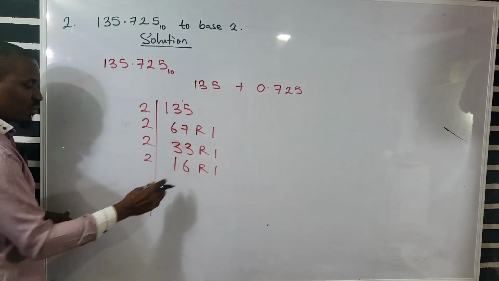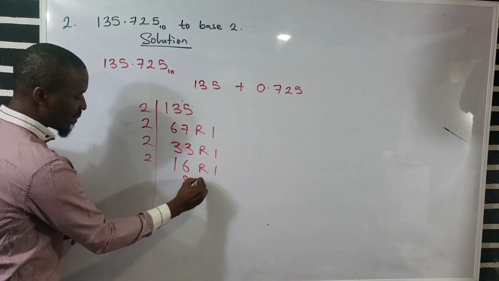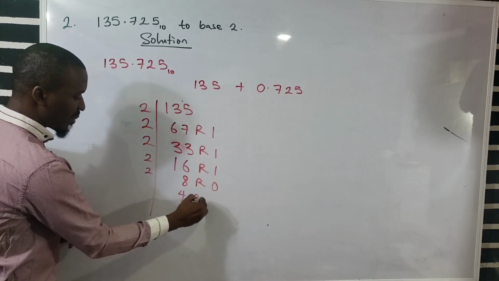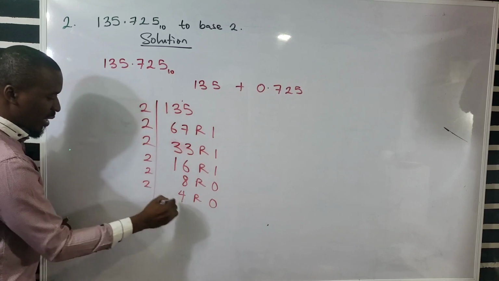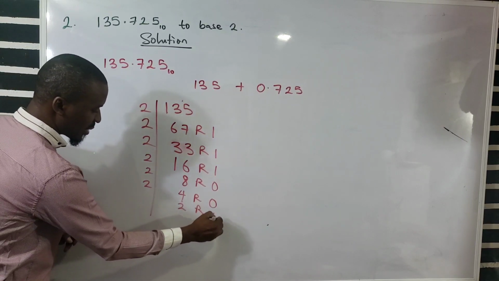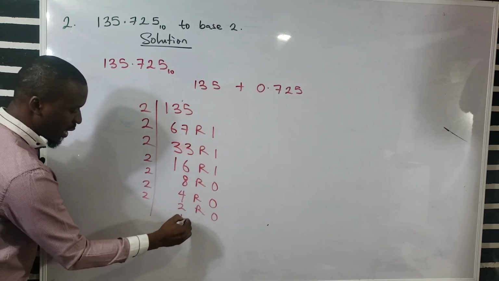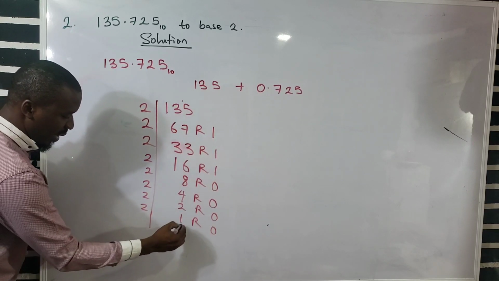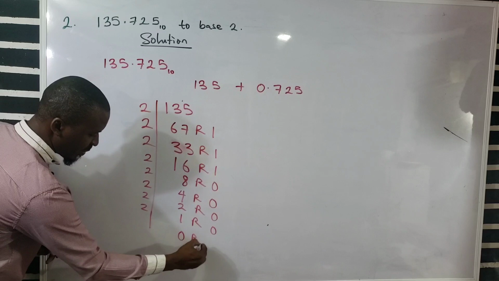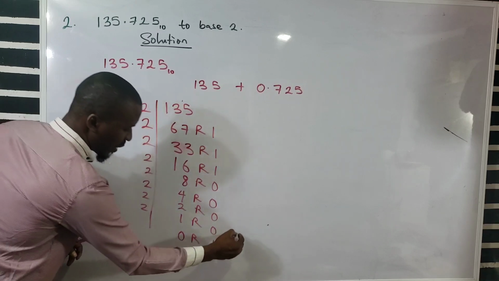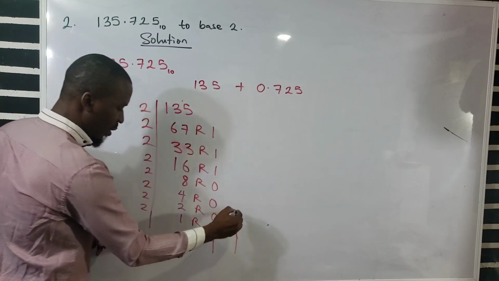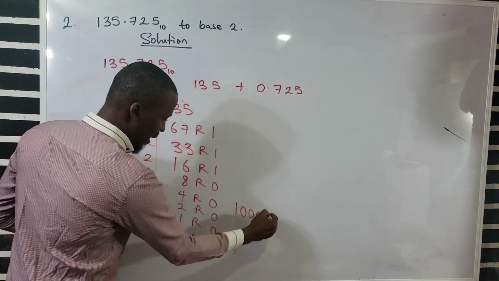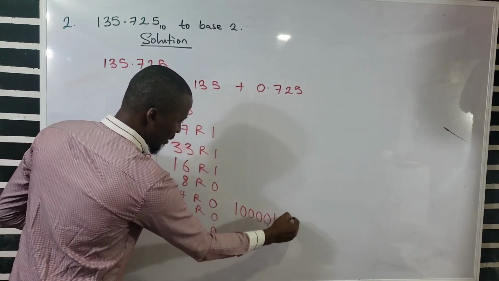We go again by 2: 16, remainder 1. We go again by 2: 8, remainder 0. Again by 2: 4, remainder 0. 2 again, 2, remainder 0. 2 again, 1, remainder 0. 2 again, of course, we have 1 here, so we have 0, remainder 1. So when you take it from down, we are going to have 10000111.